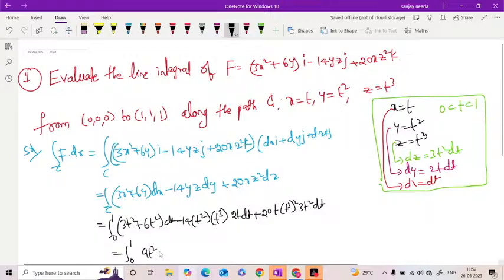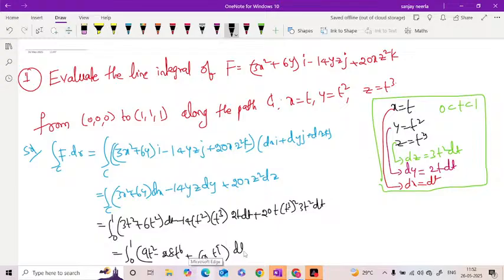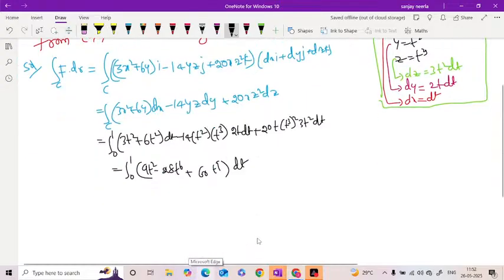The first part is 9t², minus 14 into t² t³ into 2, so minus 28 t² t³ t, that means t⁶, plus 20 into 3, it is 60 t and (t³)², that means t⁶, we get t⁹, so t⁹ into dt. Now just do the normal integration.